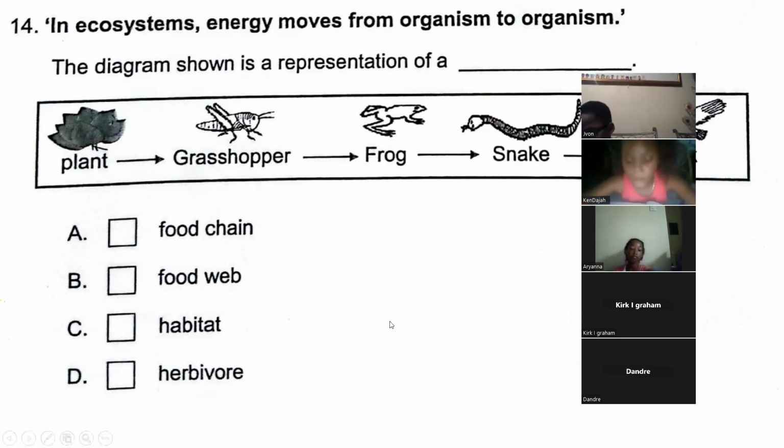Very good. It's a food chain. In this food chain, Candasia, what eats the plant? The grasshopper. Very good. Kirk, what eats the grasshopper? The frog. The frog, very good. Excellent. DeAndre, what eats the frog?